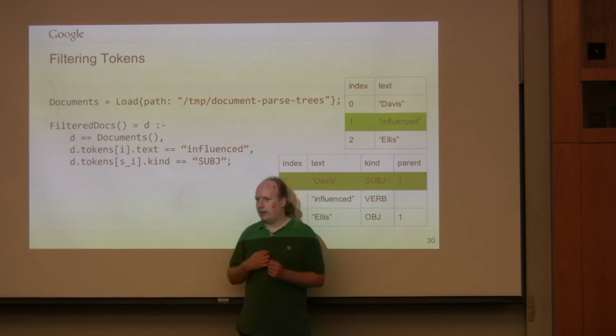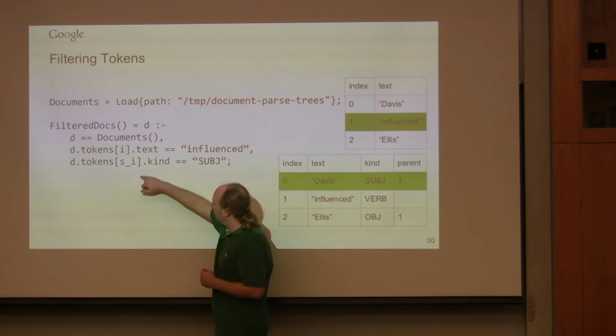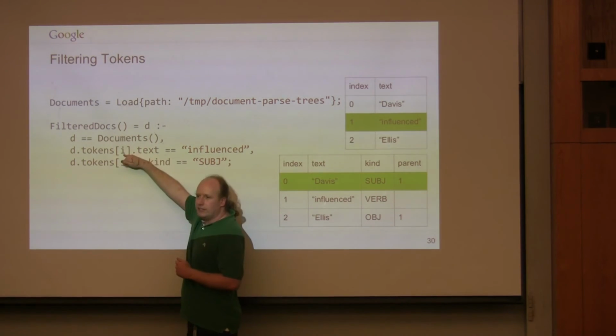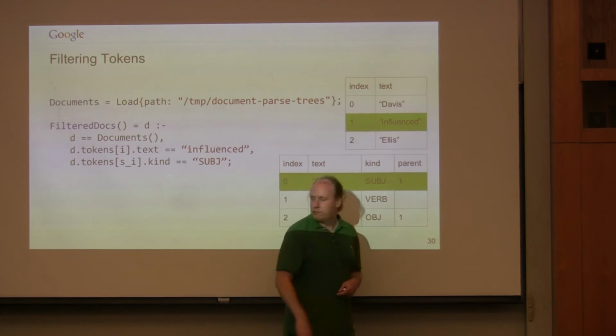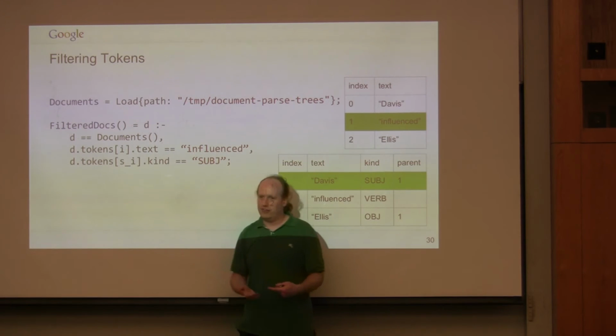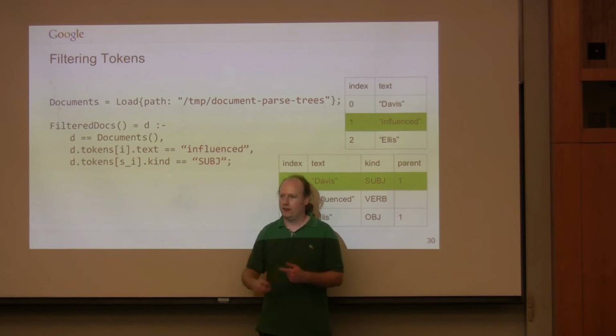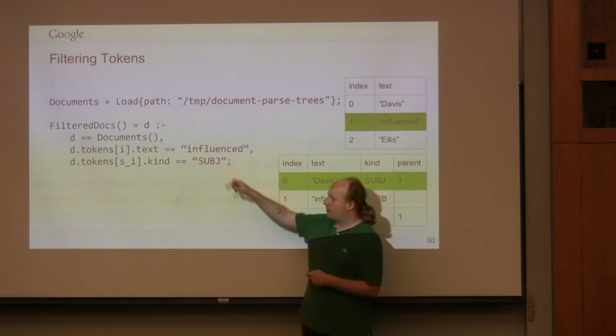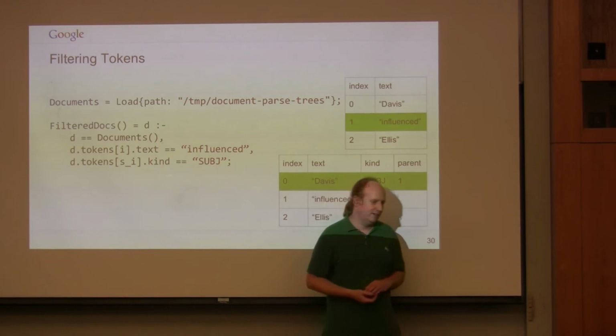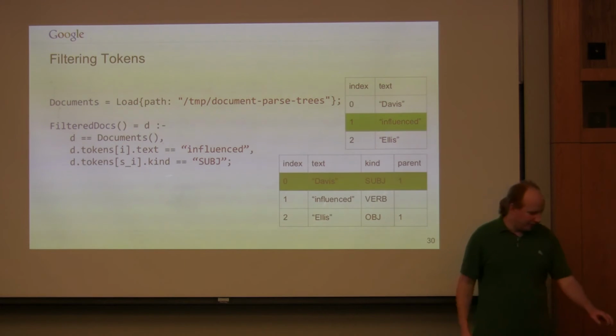The important thing, which goes back to the question you were asking, is that we now have a different index here. Here we use SI, because if we had put I here, we would have said that it needs to be the same token that is influenced and the subject, but that's not going to give us any useful results. So we need to use a different variable, because otherwise we wouldn't get any decent result.